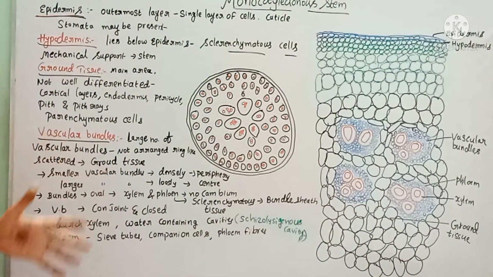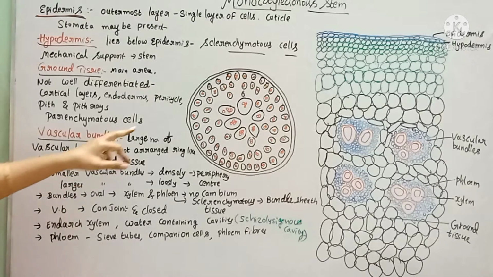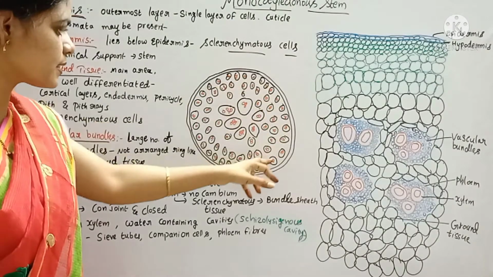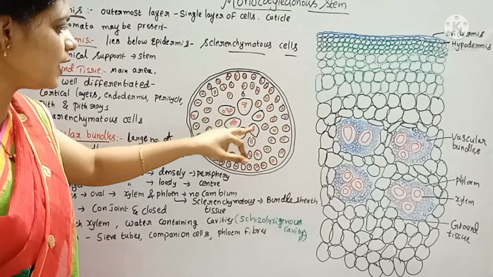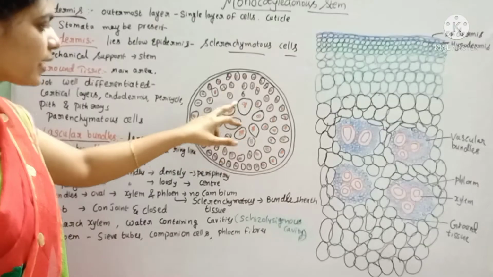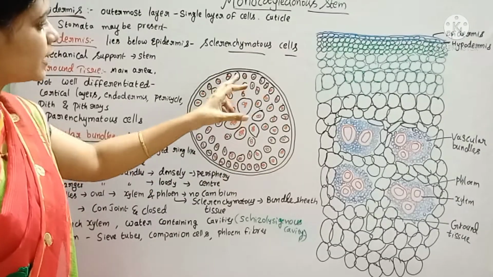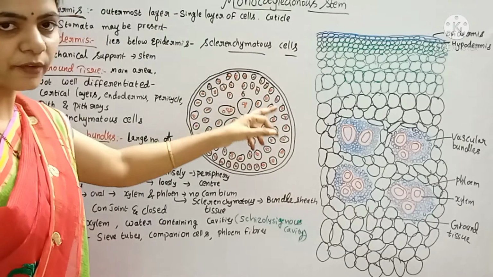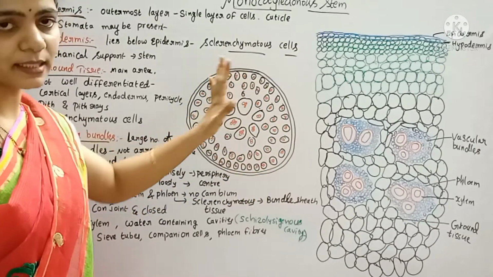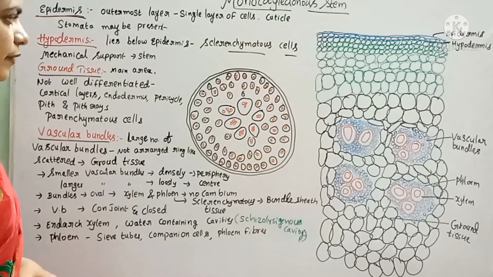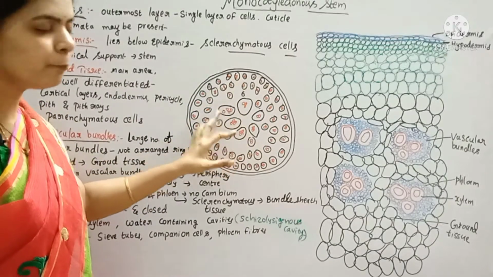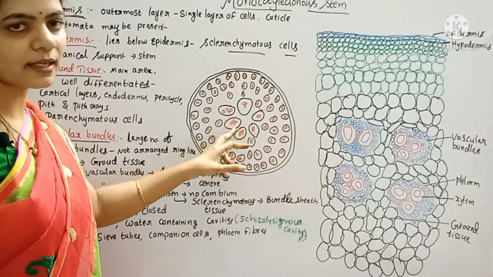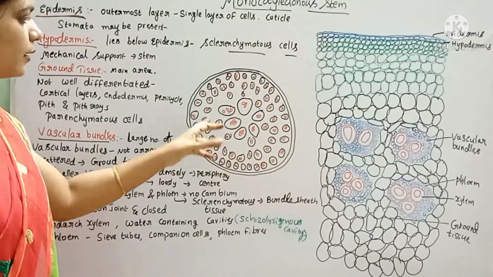They are irregularly scattered in the ground tissue. The smaller vascular bundles are arranged very densely at the periphery, and the large vascular bundles are arranged loosely at the center. More small vascular bundles are present in the peripheral region, whereas at the center, large sized vascular bundles are arranged loosely.